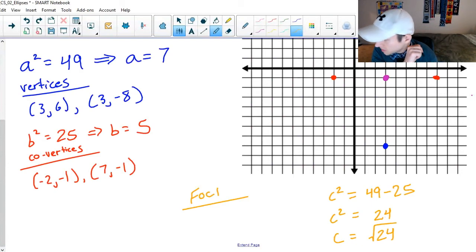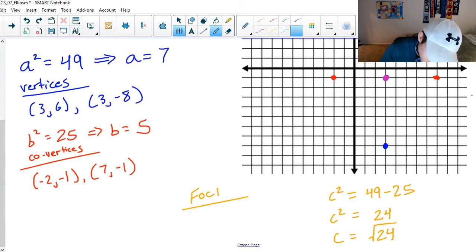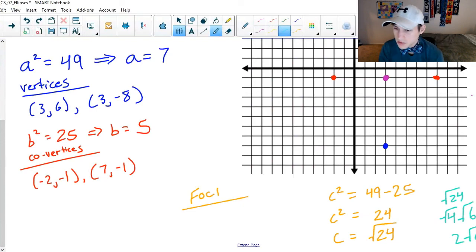If we can simplify a radical, we always want to do that. So hopefully we can recognize that square root of 24 is the same thing as square root of 4 times square root of 6. So that's 2 root 6. I'll go ahead and write it over here.